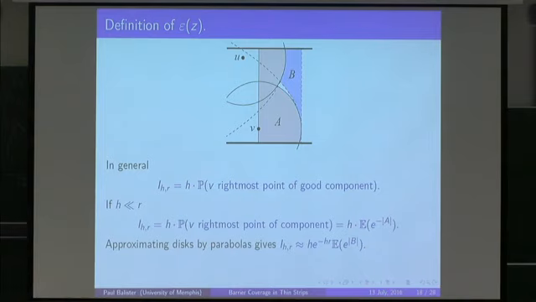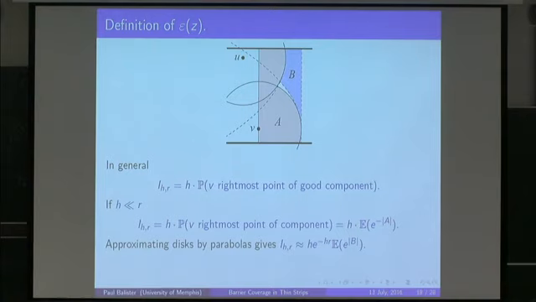So this gives me h times the expected value of e to the minus A. But I'm going to write A as basically hr, the rectangle, minus B. So I get h e to the minus hr times the expected value of e to the plus the area of B. So you think it's going to have to exclude a rectangle. It doesn't have to exclude quite that much because they can sort of sneak in a little bit from the right-hand side. And that takes off a little bit of area. So it's a little bit more likely.